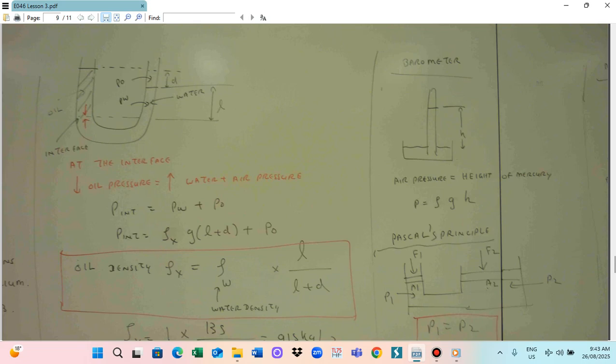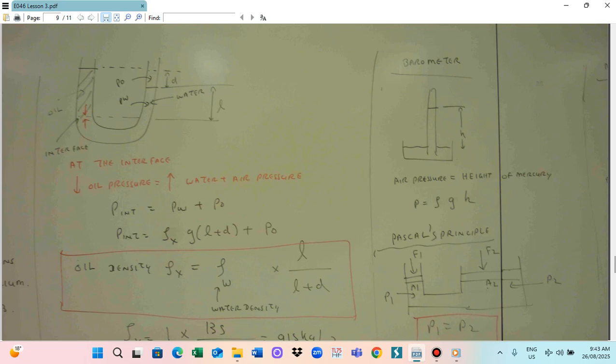The downward interface pressure is P interface, which is equal to P0 plus P water, so PW plus P0.